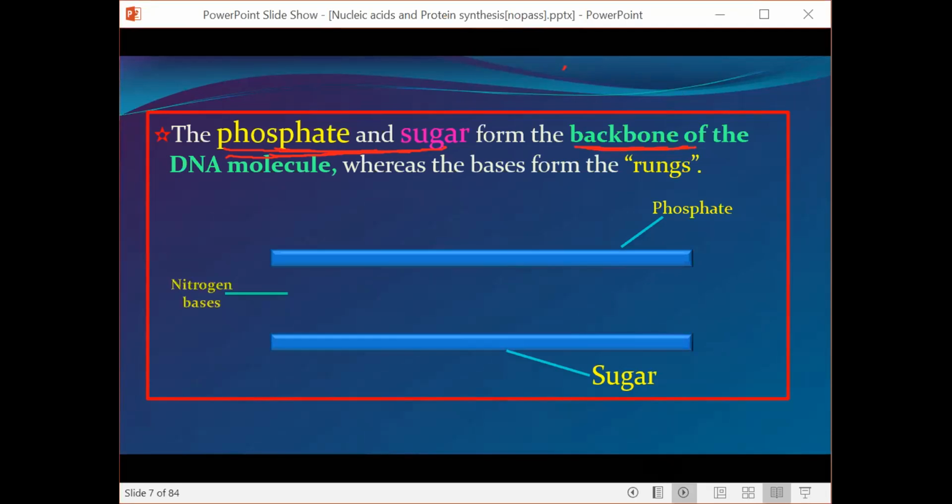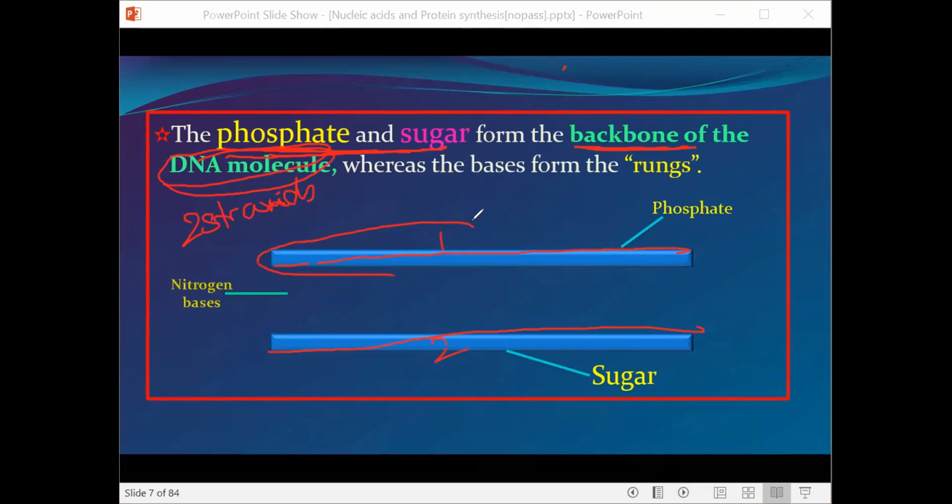So basically what is happening is the DNA, as we talked about last time also, is a double helical structure. So it has two strands together. This is one strand, this is another strand. One, two. So these form the rungs of a ladder.